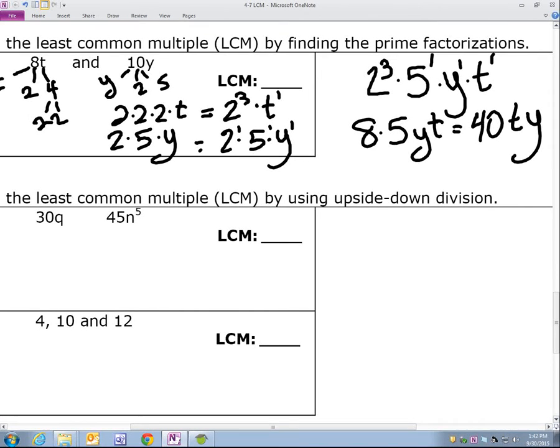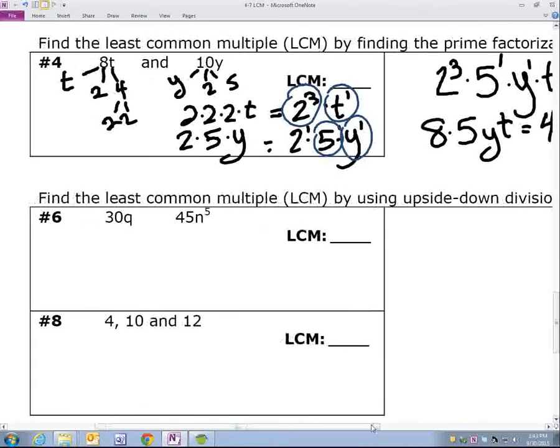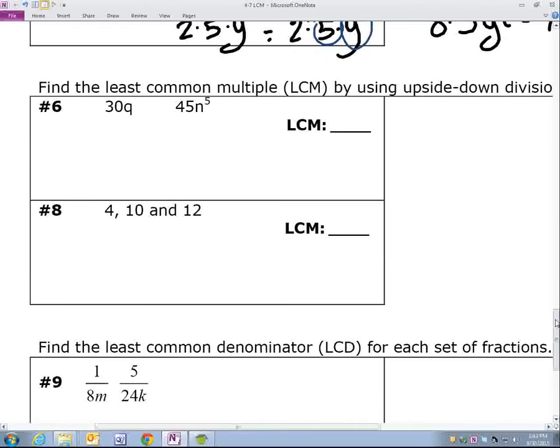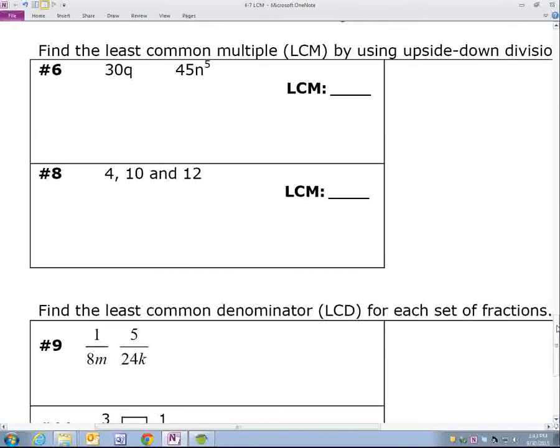Wouldn't it be 2 to the 4th because there's another 2 at the bottom? No, because the instructions on the other side of the page tell you to only multiply the bases with the highest exponents. You could do the list method.